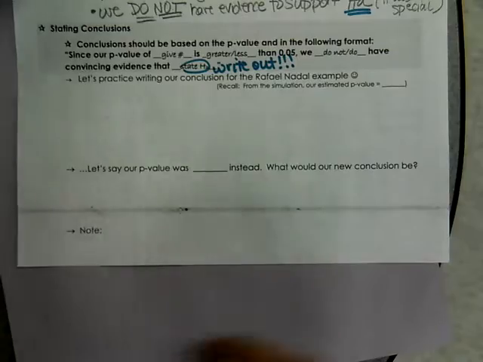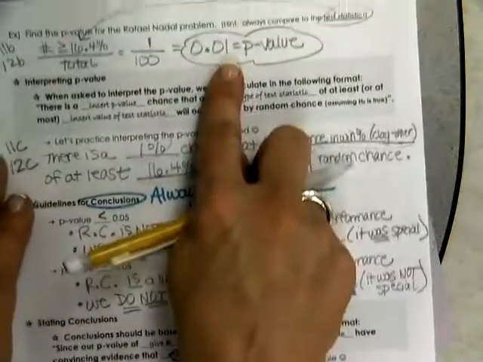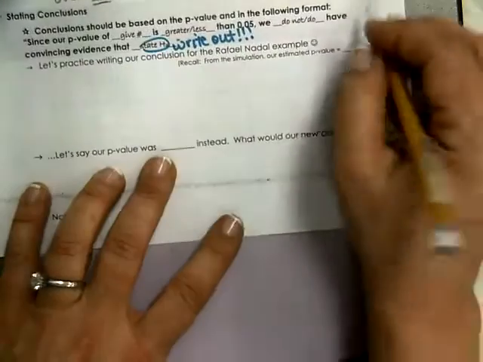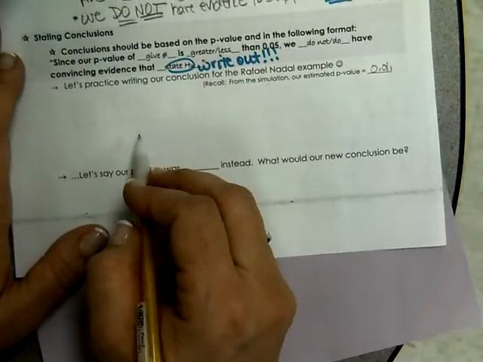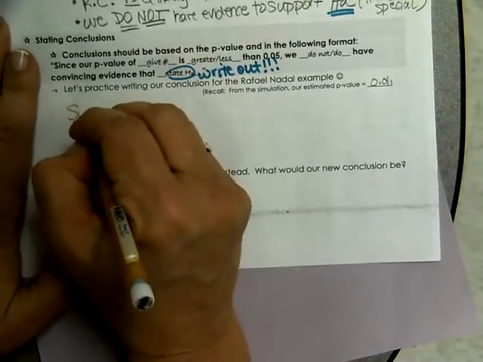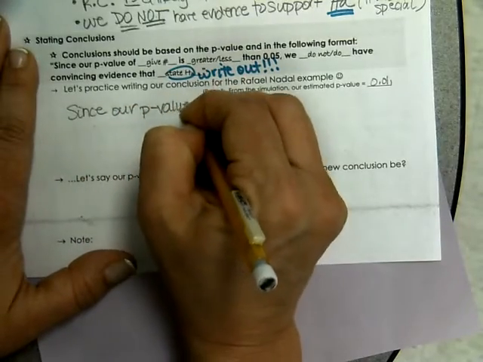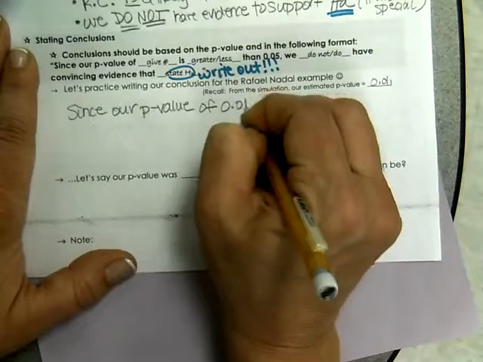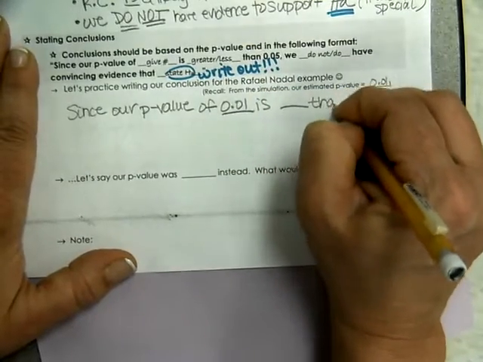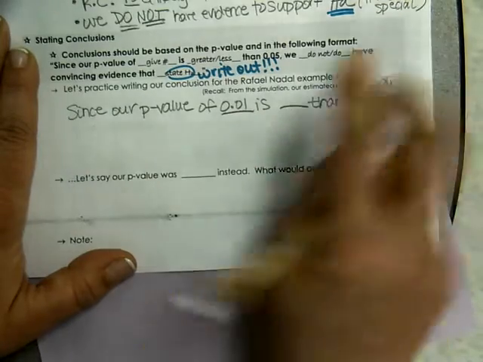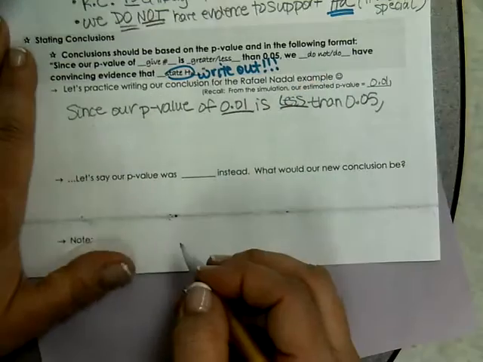So here's what this looks like. In our simulation, our p-value was 0.01. So our conclusion would look like this. We would say, since our p-value of 0.01, and then we compare that to 0.05. 0.01 is less than 0.05.